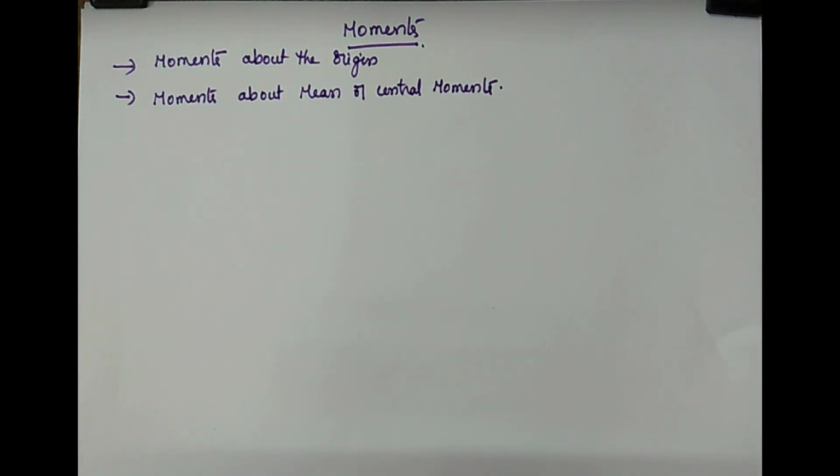What is the importance of this concept of moments? We come to know how the random variable is spread with respect to the origin, that is in the first case, and with respect to the mean of the variable.